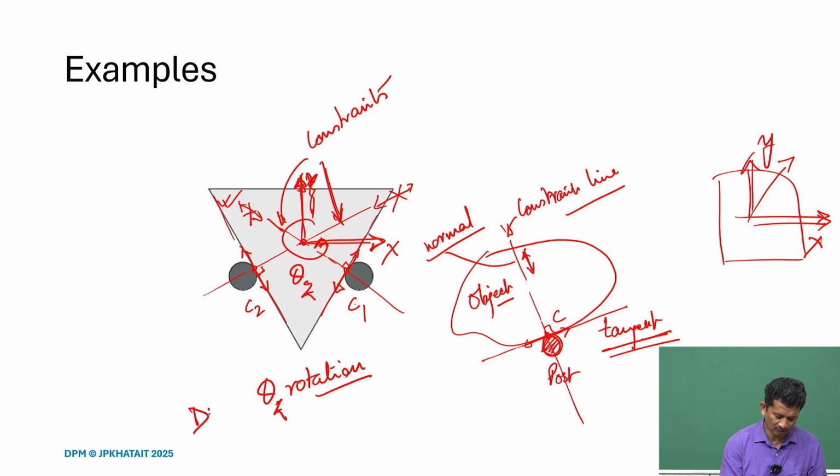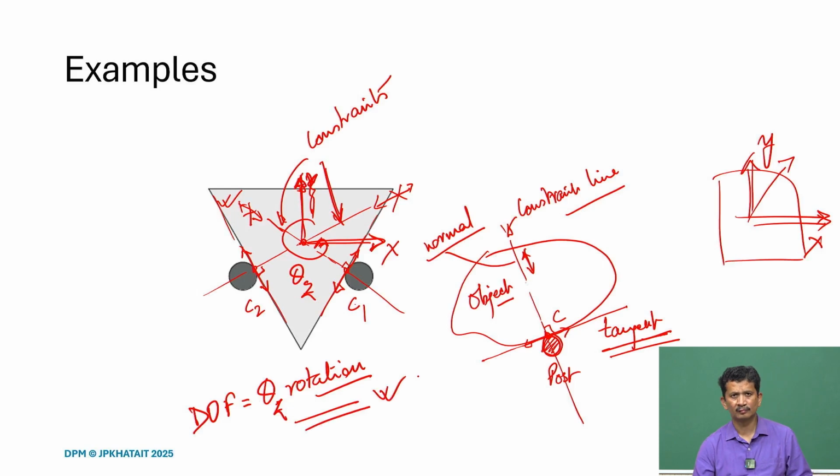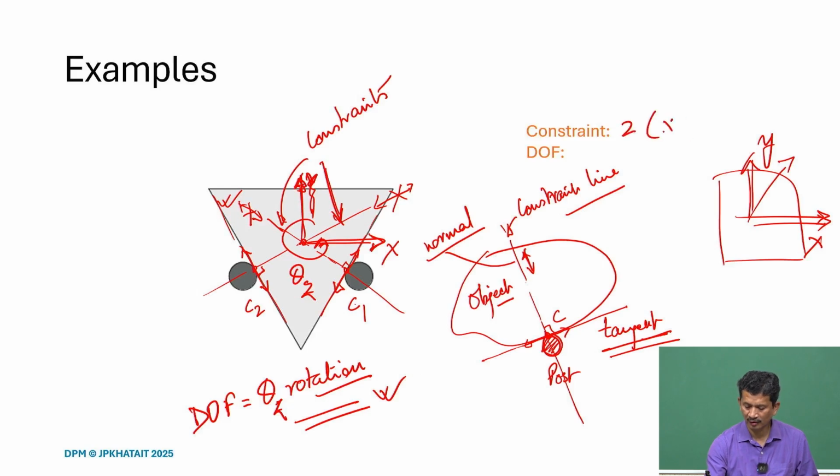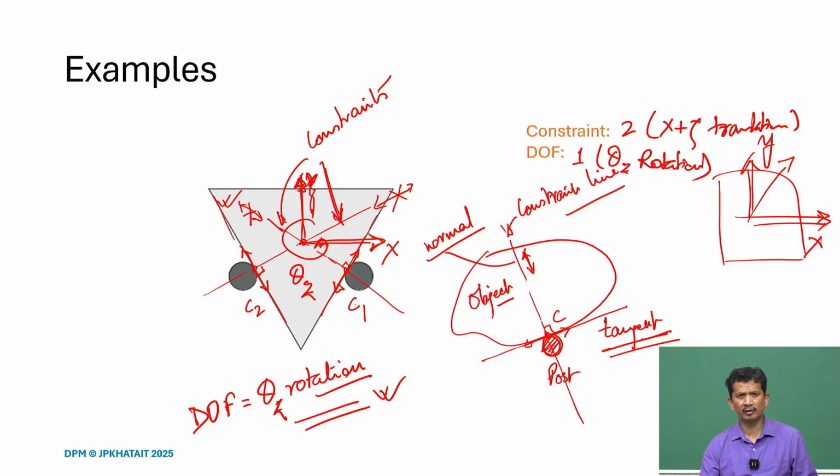So, this is the DOF, the degree of freedom that we have. The constraints are two: x plus y translations, and DOF is 1, which is theta z rotation. So, be aware of this.